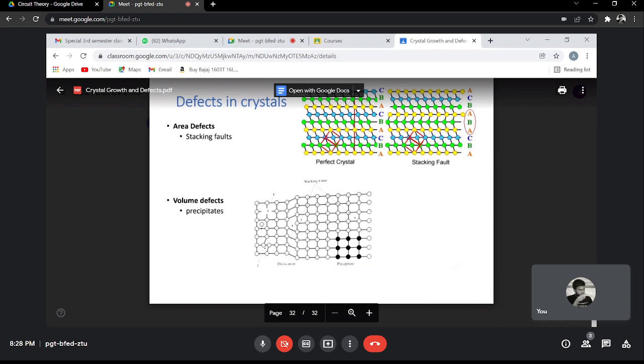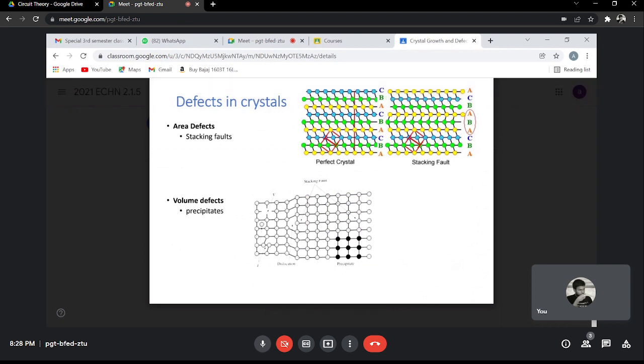Why we talk about defects, you will learn in later classes, because there are two parts to this story. One part is we cannot get rid of defects completely because they are thermodynamically generated. So we better live with it, and if we have to live with it, better learn about it and see how we mitigate it.